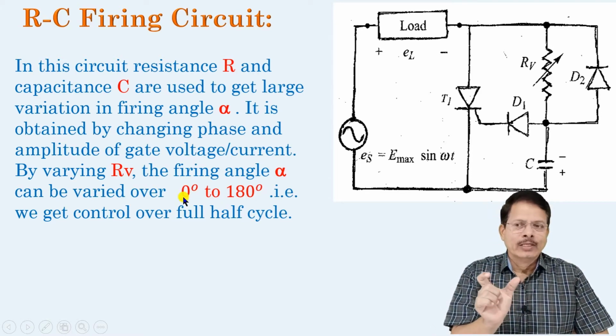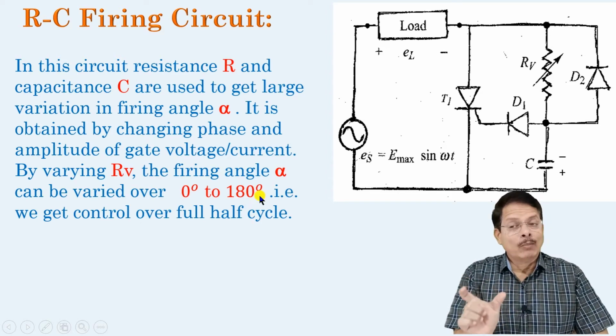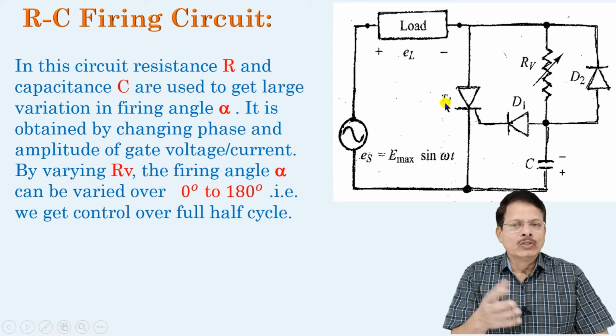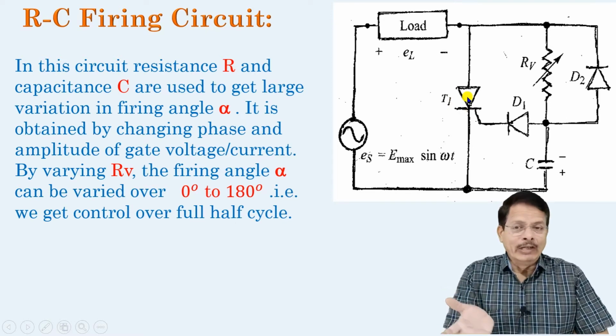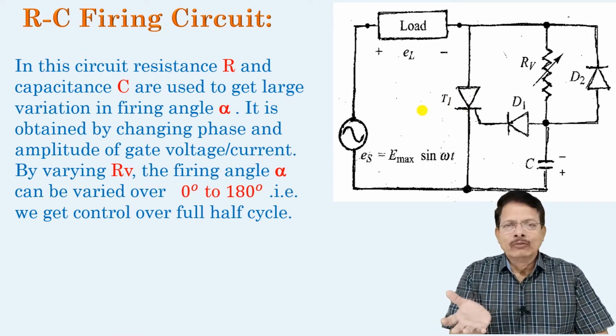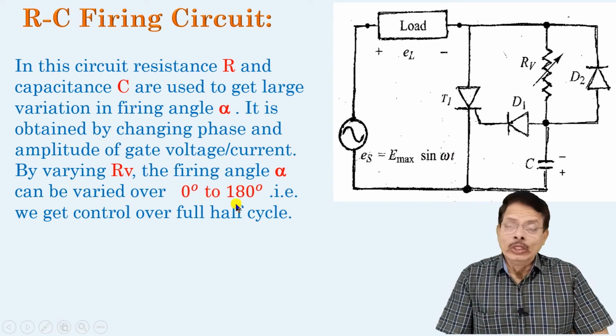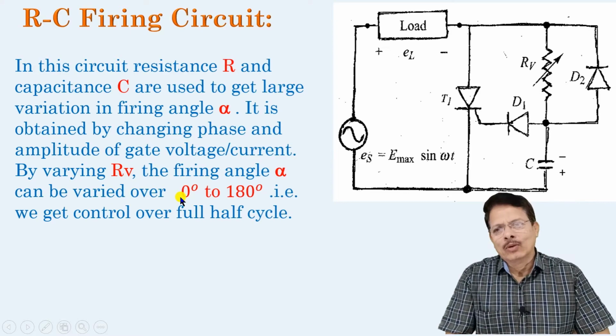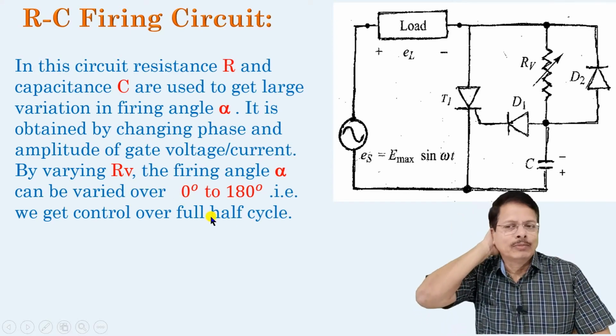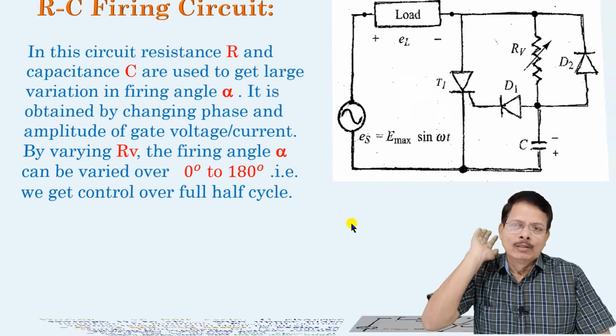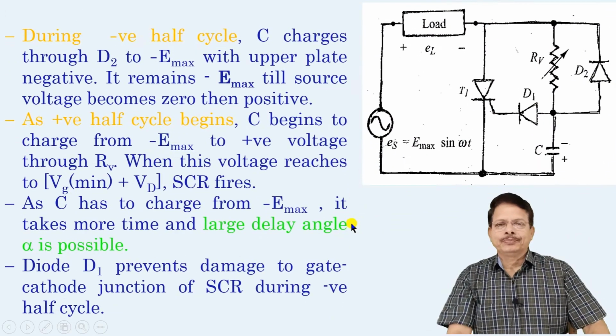You can understand this: 0 to 180 degrees means a complete half cycle, and already this is a half wave rectifier, so there is no question of current in negative half cycles. We only have to control the positive half cycle, and we have full control over the full half cycle.